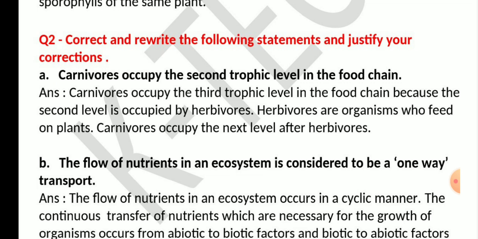So herbivores are the organisms who feed on plants. Therefore, carnivores occupy the next level after herbivores. Okay, understood, children? Good.